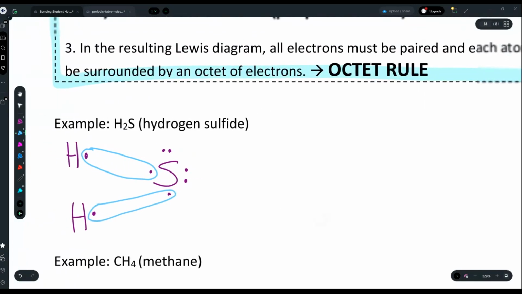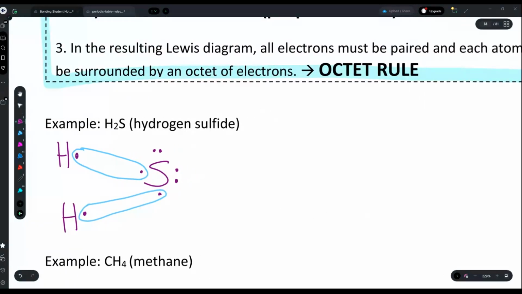Now some people instead might represent the same molecule by just slightly adjusting the positions of the hydrogens. Okay, so I'm going to draw the sulfur again. This is an alternative way to show a molecule.